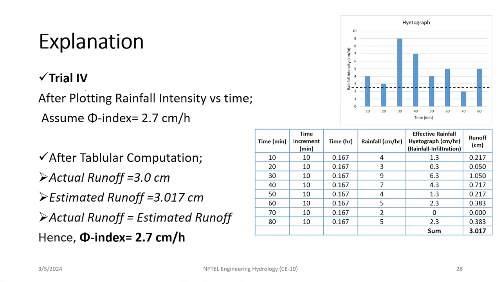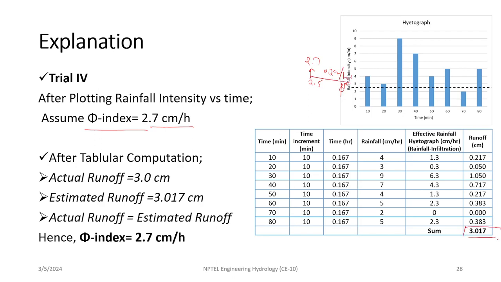Now see, if we take the phi index as 2.7, this value is moving ahead from 2.5 to 2.7, meaning a 0.2 centimeter per hour increment has been made. Now see the results.